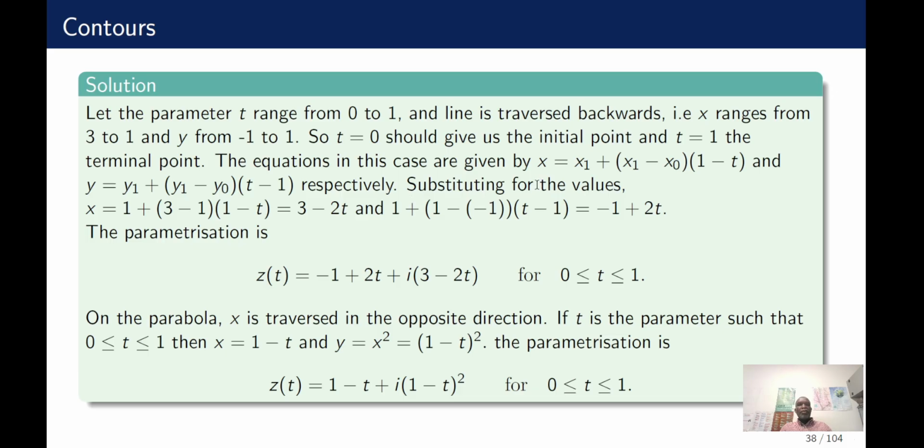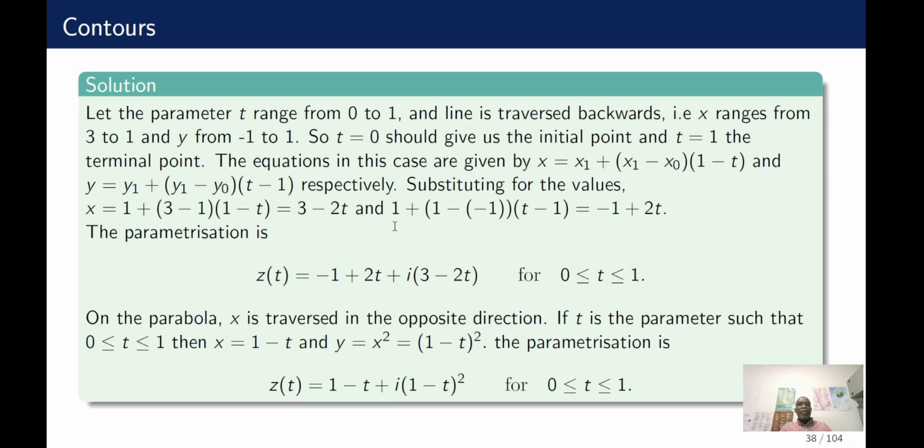Now, you substitute for the values that we have: x naught, y naught, and so on. For x, you get this equation, which is 3 minus 2t.